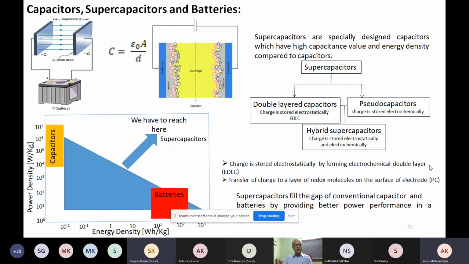I have a problem with how to apply that on the working electrode to characterize it.